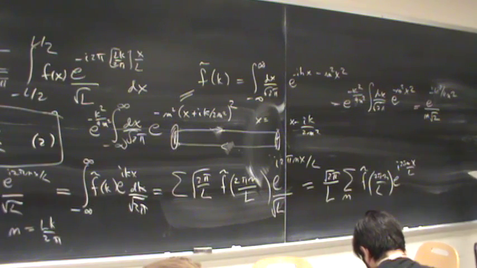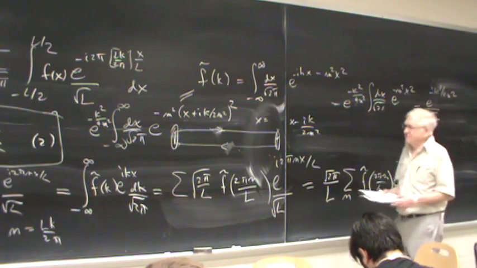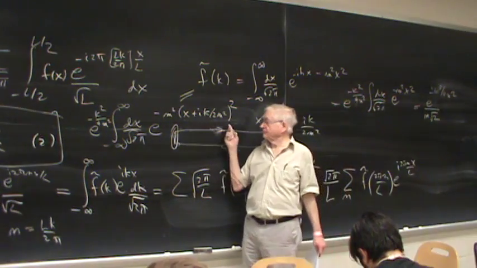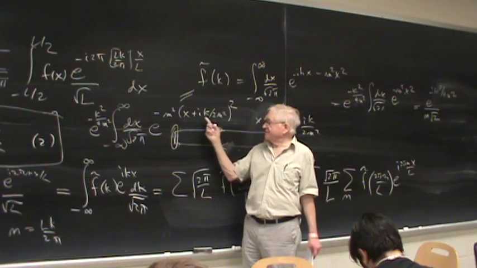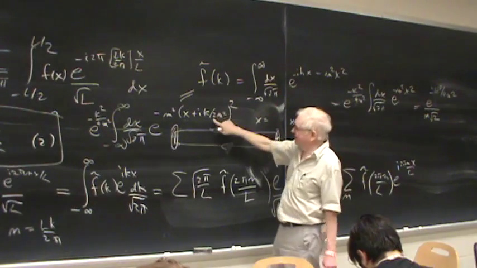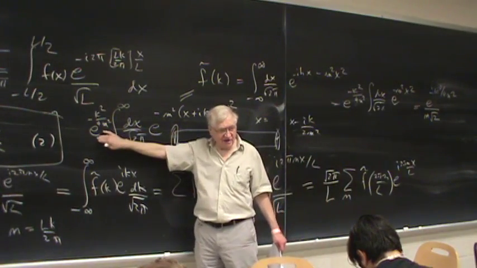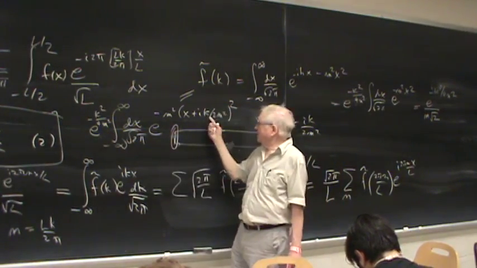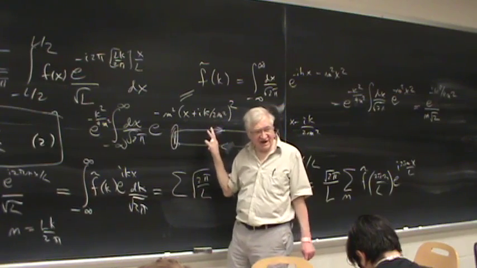By the way, this is a general property of Gaussian integrals. After you complete the square, you get this term coming out here. This thing is a function of k.